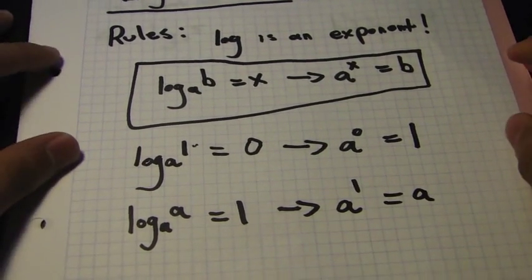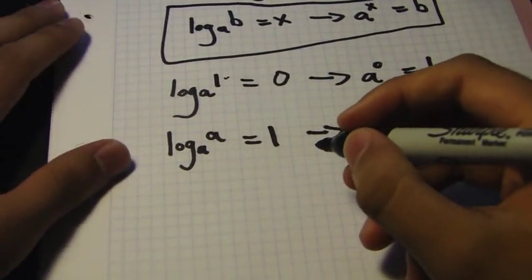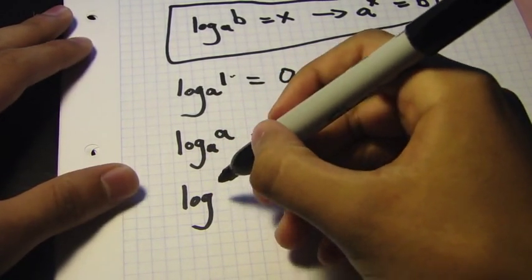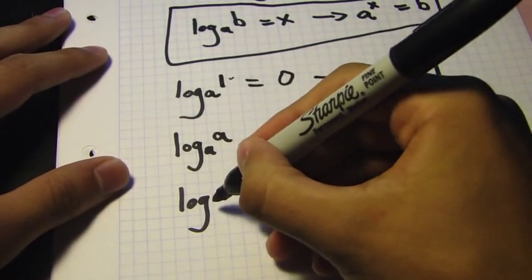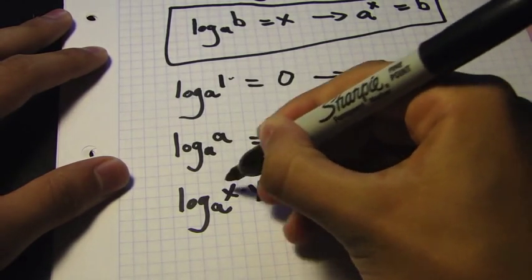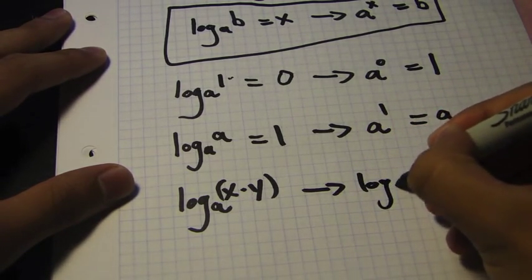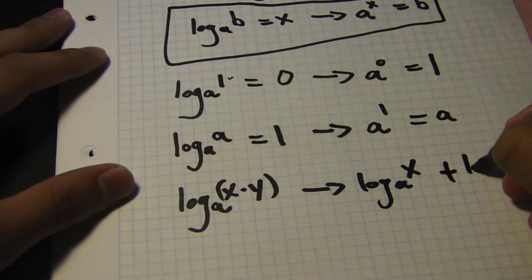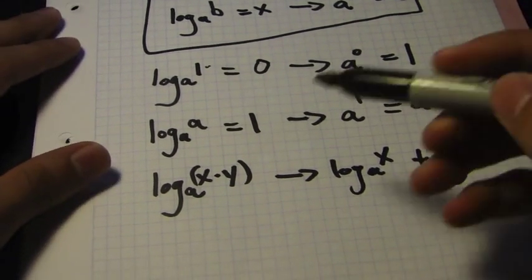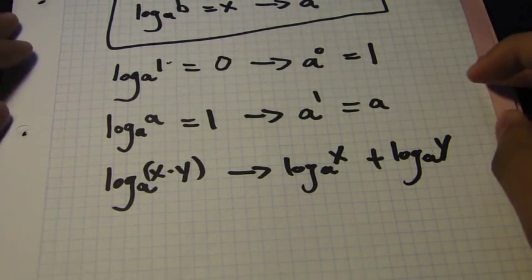Very simple stuff here, and some more important rules. I'm just going through the basic rules here, I'm not going to do every single one. If you do log base a of x times y, this can be written as log base a x plus log base a y. So if it's multiplication, you can write it as addition in this form.